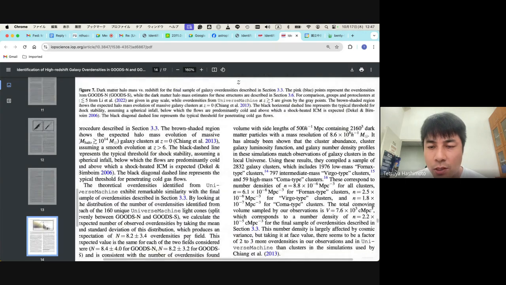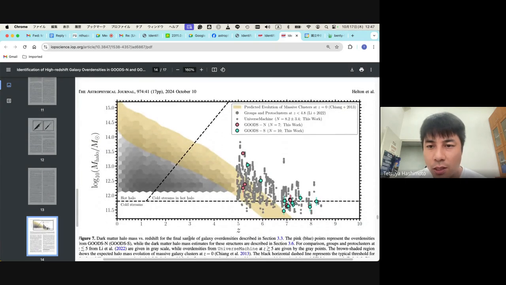And then maybe this is the interesting figure. So they identified high-density regions, overdensity regions, in GOODS-North and GOODS-South, which are shown by red and green dots here. And then this figure is halo mass. So now you are finding galaxy clusters or proto-galaxy clusters. Therefore, they can calculate the halo mass of the galaxy cluster on the y-axis as a function of redshift.